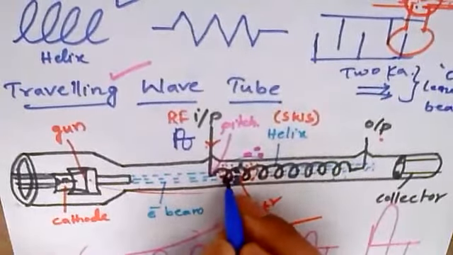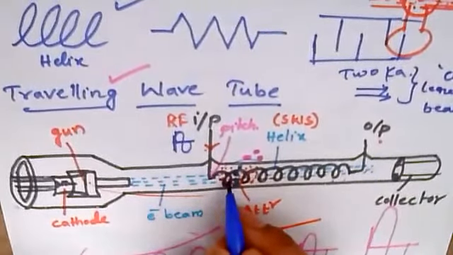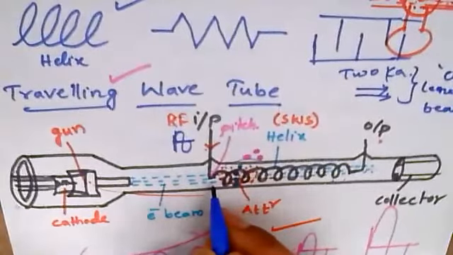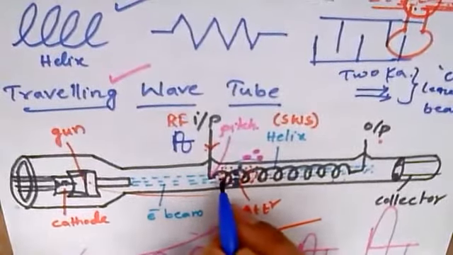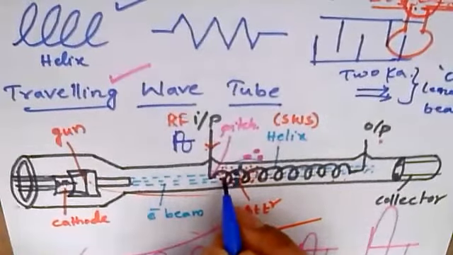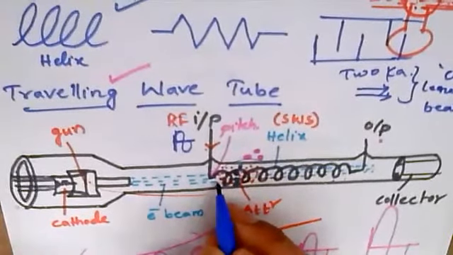A part of the signal will be retarded, as the velocity of that wave decreases over here. Due to that, some retardation takes place and a retarded RF field is produced. This retarded RF field then interacts with the electron beam.